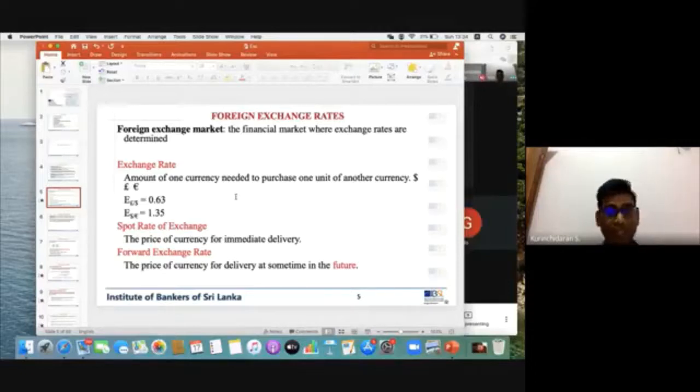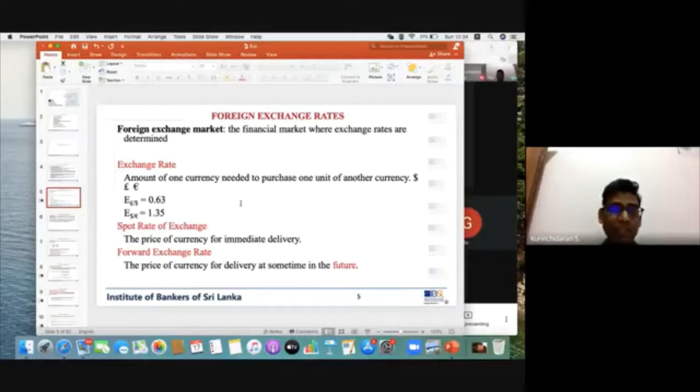But the only thing is, if you buy and keep it, of course, you are not going to get any return out of that. Also, when the exchange rate changes, at the end of the month you may be able to buy at a lesser rate. That's one point. Or you can wait until the end of the month and buy on the spot, but the only problem is you don't know the rate.